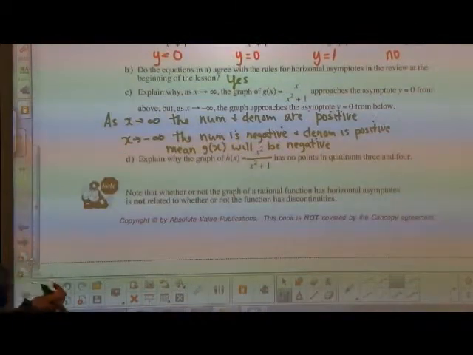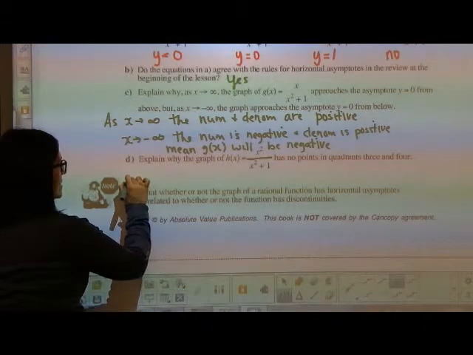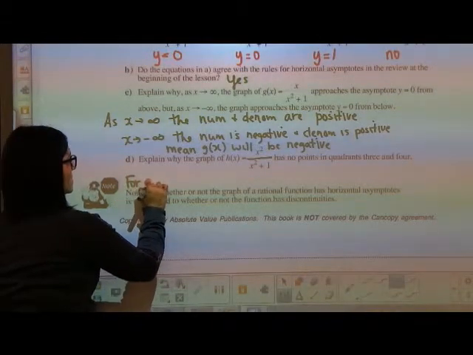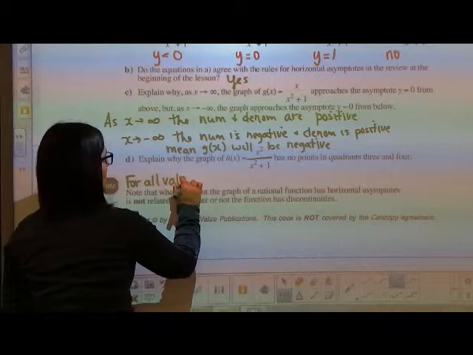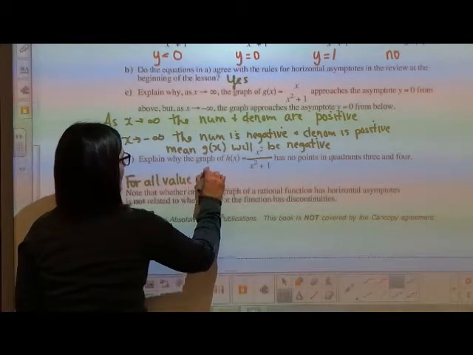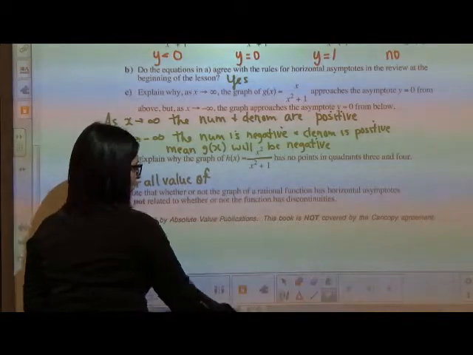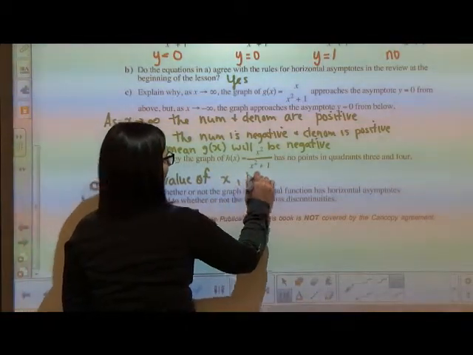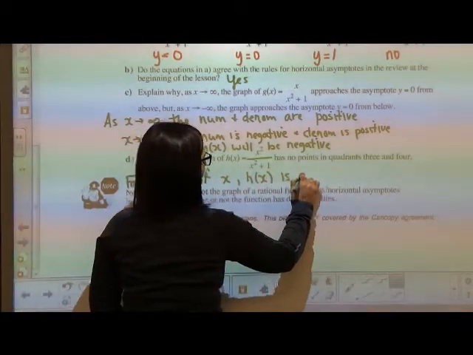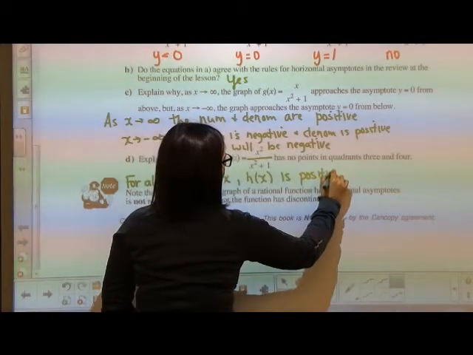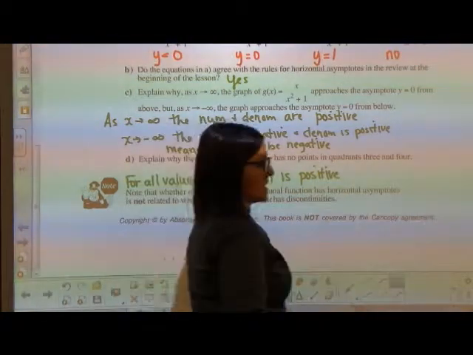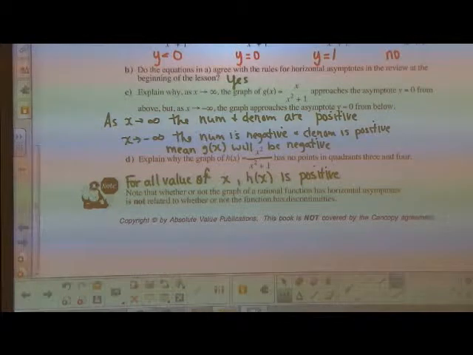So the explanation that we could put is, for all values of x, h of x is positive, which puts it in quadrants 1 and 2.